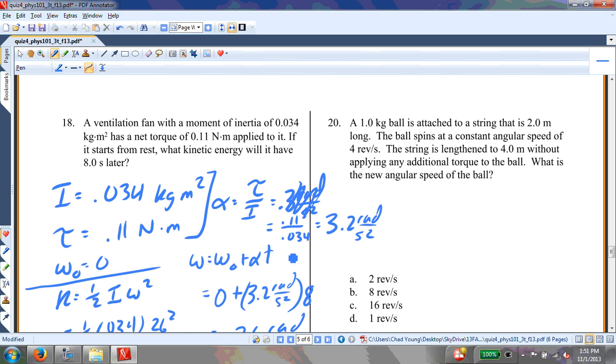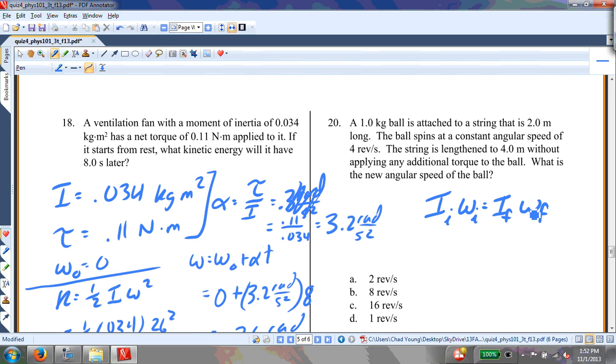All right, number 20, a 1 kilogram ball is attached to a string that's 2 meters long. The ball spins at a constant angular speed of 4 revolutions per second. And then you lengthen the string to 4 meters without applying any additional torque. What is the new angular speed of the ball? So this is an angular momentum problem. So I initial, omega initial, equals I final, omega final.